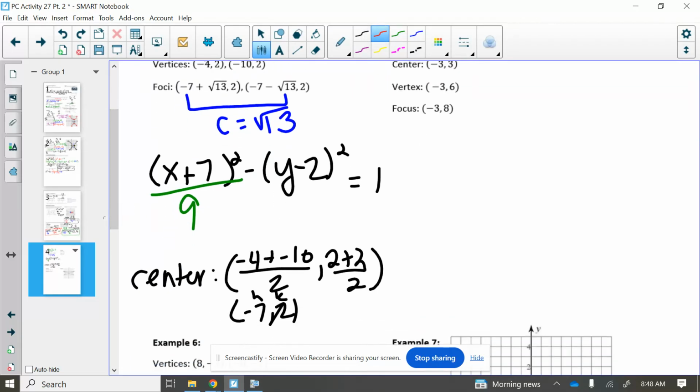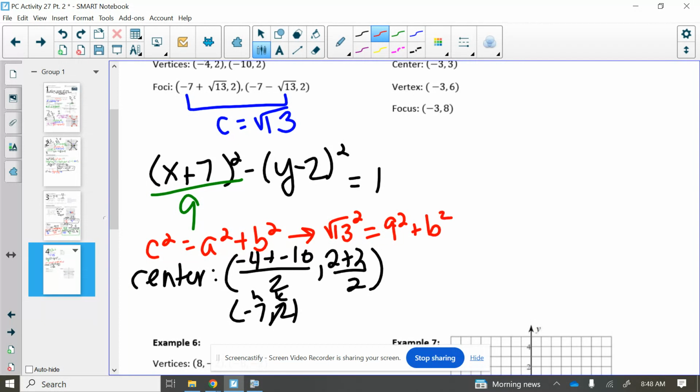So we're going to take our c squared value, and that will equal a squared plus b squared. So in this case, we know that c squared would be the square root of 13 squared. That's going to equal a squared plus b squared.